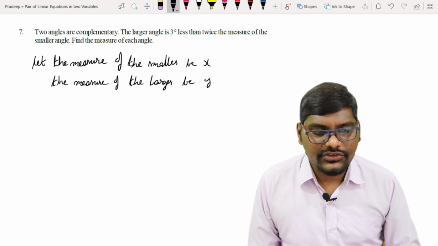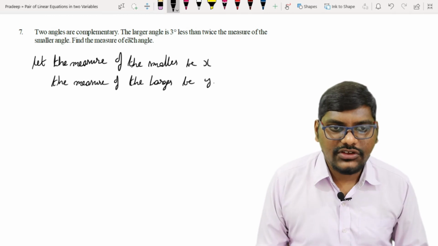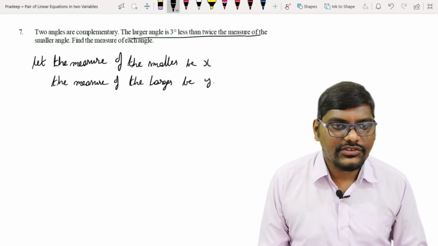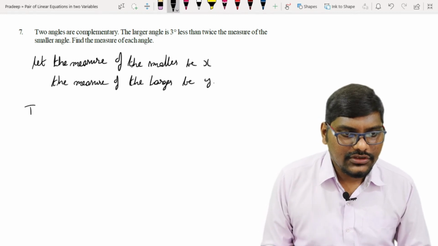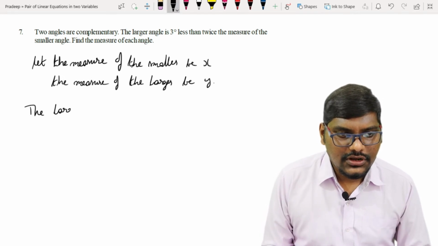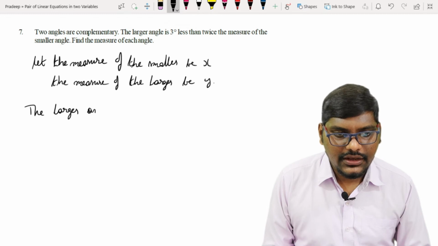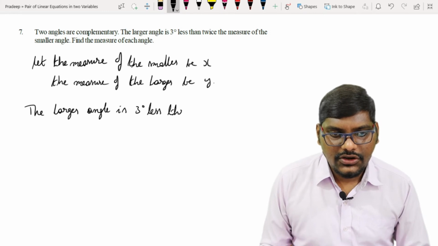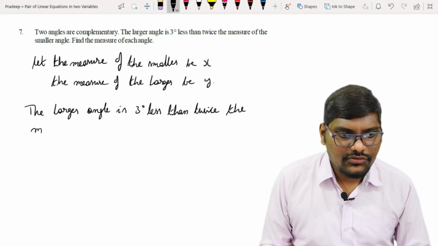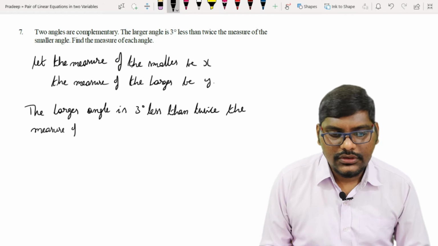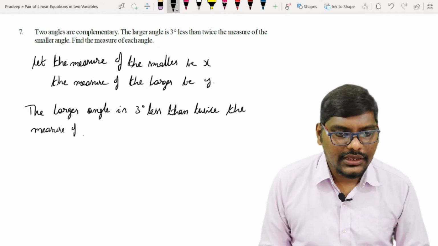So now they are saying a certain condition. The larger angle is 3 degrees less than twice the smaller angle itself. So I can write twice the measure of the smaller angle.